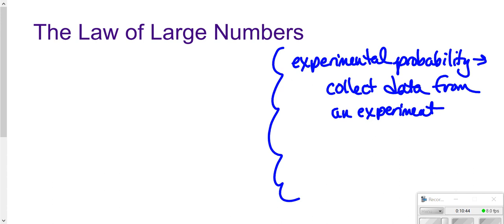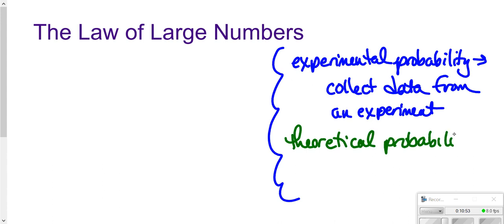There is also something called theoretical probability, and that's where we're using math. We're saying, all right, there's 36 different ways to roll the dice. How many of those different outcomes are going to yield a total of 7?